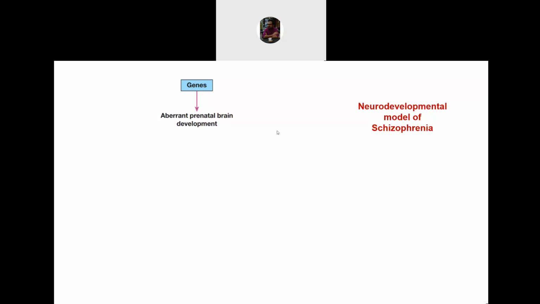Because so little is understood about schizophrenia, let us make a neurodevelopmental model of schizophrenia. The proposed model is like this: the patient might acquire certain genes that cause an abnormal prenatal or fetal development. This can be further promoted by obstetric complications like hypoxic brain injury and, for some reason, urbanicity, that is living in the cities.